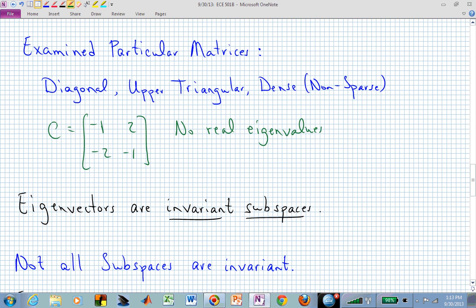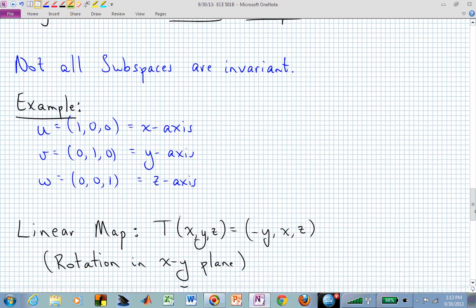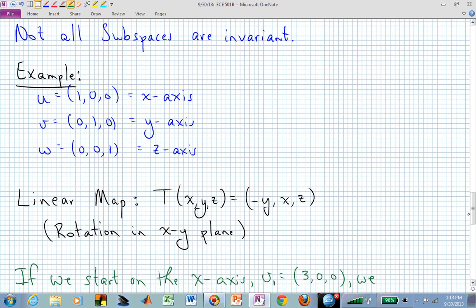This particular matrix C, if we opened up our field to be the complex field, it does have eigenvalues at -1 plus and minus j2. Those eigenvectors, though, are invariant subspaces, and that's a very important property that we want to understand after working through today's lecture.